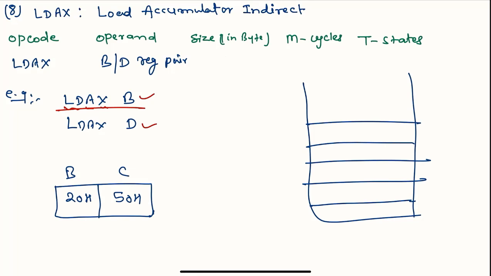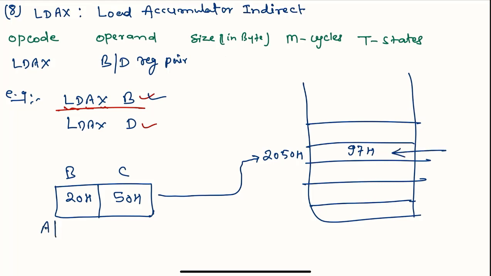At the memory address 2050H, some content is written as 97H. Whenever we execute LDAX B, the content of the BC register pair points to the memory, and the content from this memory location is copied. The memory location has the content 97H.